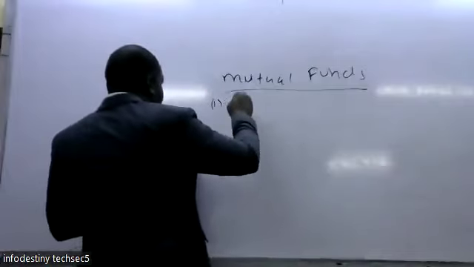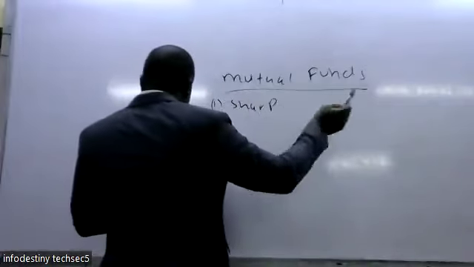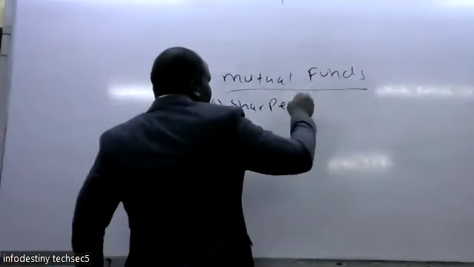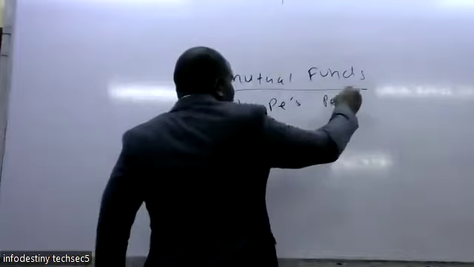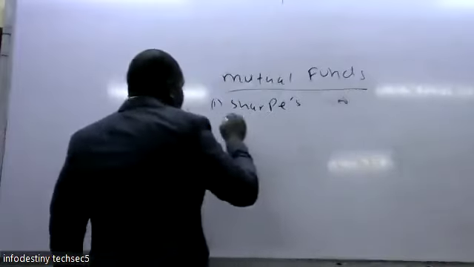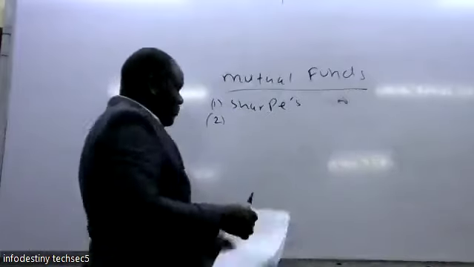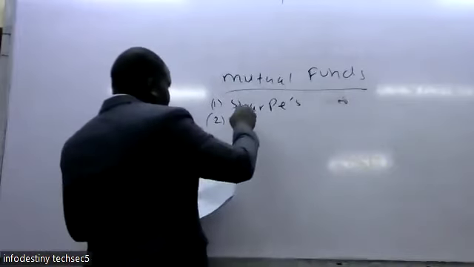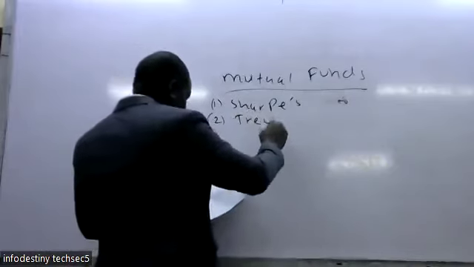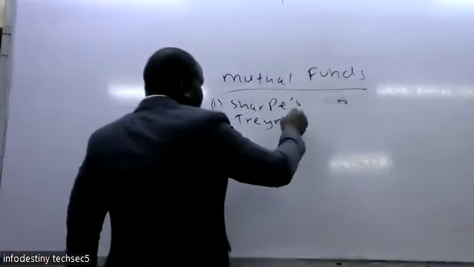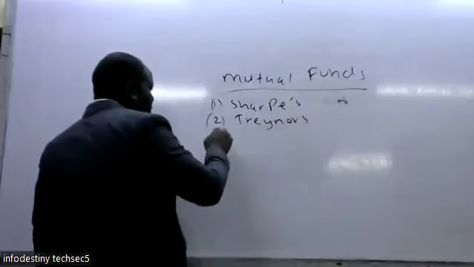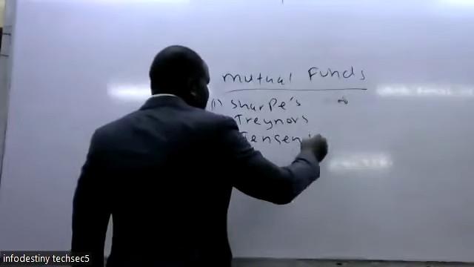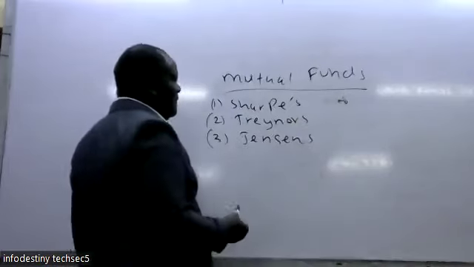They are Greek words. The first one is the Sharpe's performance measure. Number two, you can see, is the Treynor's performance measure.